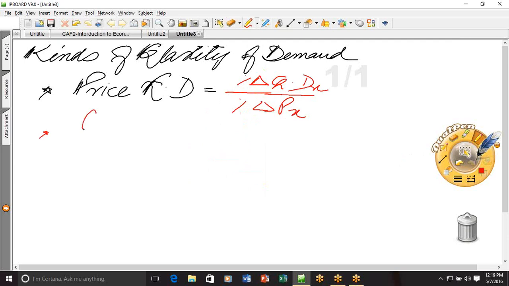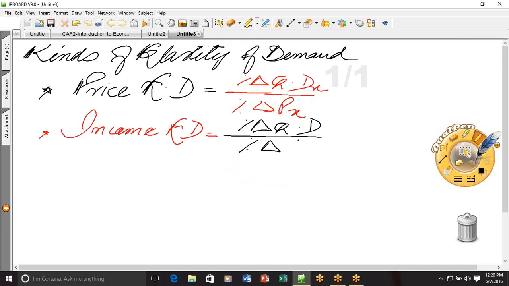On the other hand, if this change is due to the income of the consumer, it is income elasticity of demand.